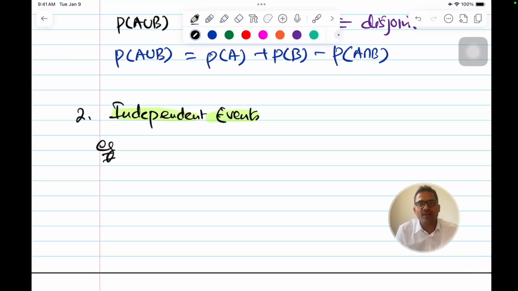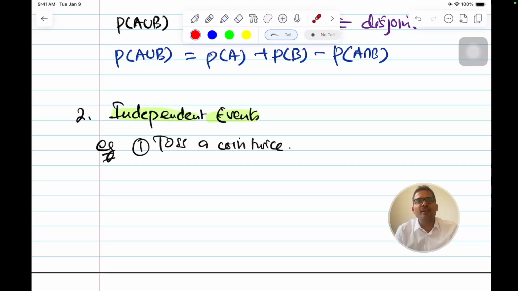For example, if I toss a coin twice, the first time, if I get head, do I know what I will get in the second toss? Does that impact the second toss in any way? No. All the events here are independent.